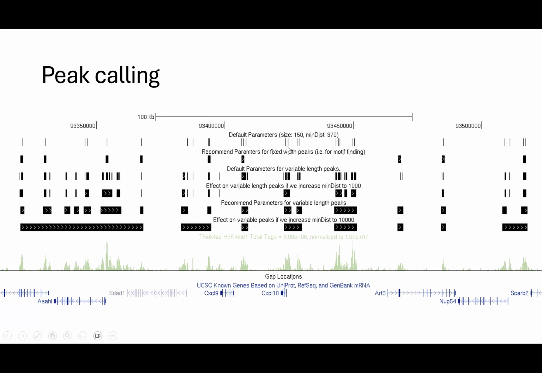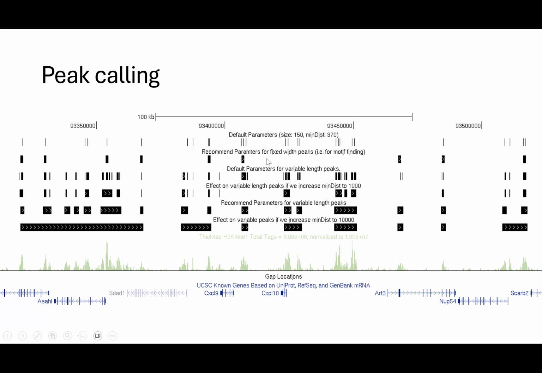One thing that needs to go in is the actual length of your reads, and then some estimate for the distance between the two. On the top, with the default parameters, you have a lot of small peaks detected because it's assuming that you have those narrow peaks.